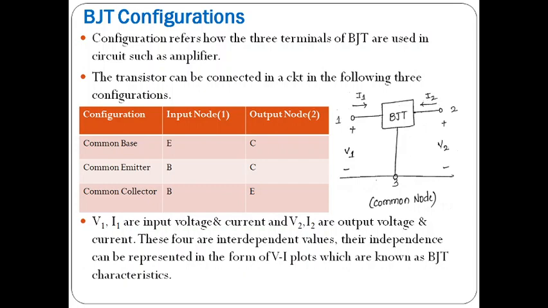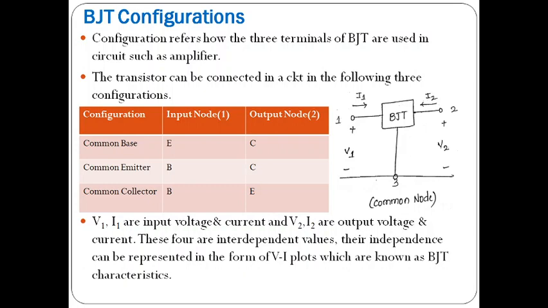When you connect the base as common node 3, with input node 1 as emitter and output node 2 as collector, this configuration is called common base configuration.